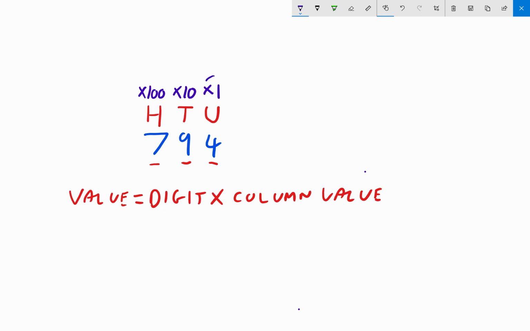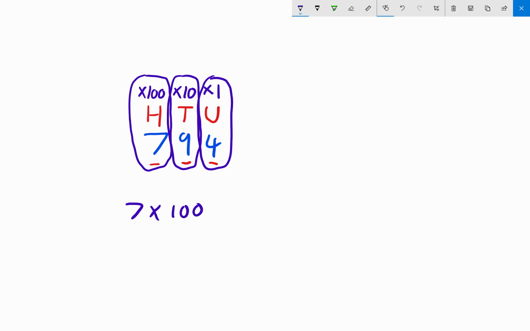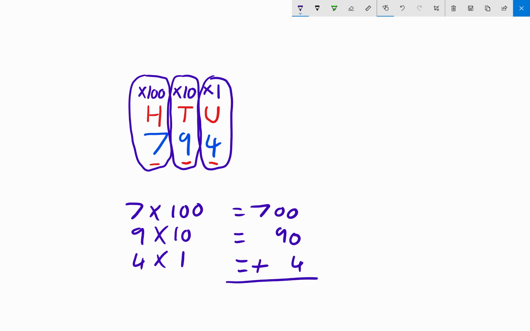So anything in this column will be multiplied by 1, any digit in this column is multiplied by 10, and any digit in this column is multiplied by 100 to get its real value. So the value of this number is actually 7 times 100, 9 times 10, and 4 times 1. So clearly you can see 7 times 100 gives us 700, 9 times 10 gives us 90, and 4 times 1 gives us 4, and if we add all those together, we clearly get 794.